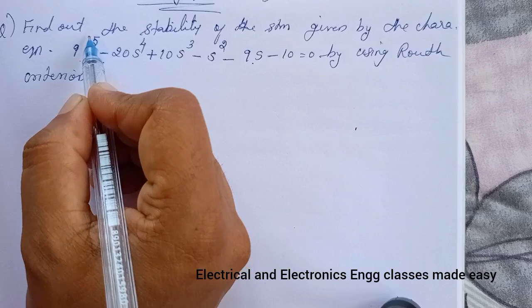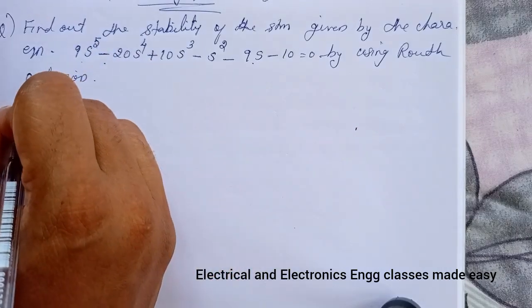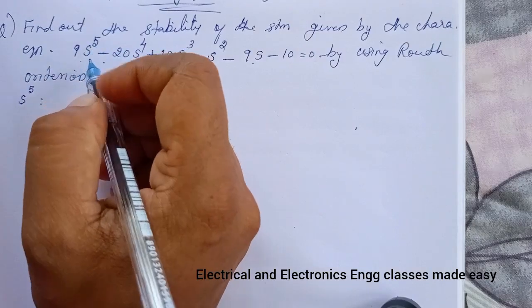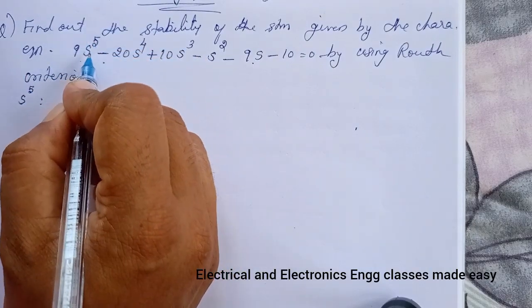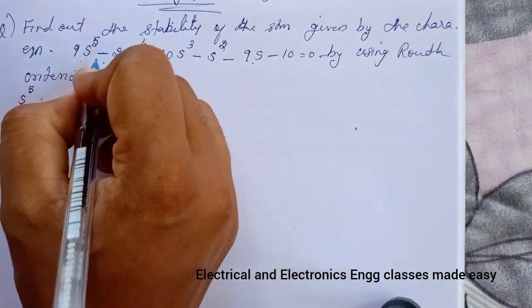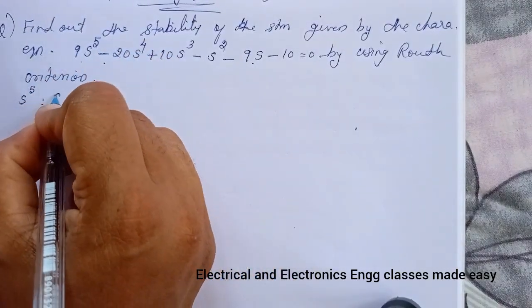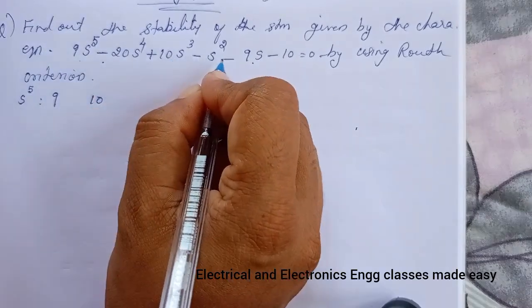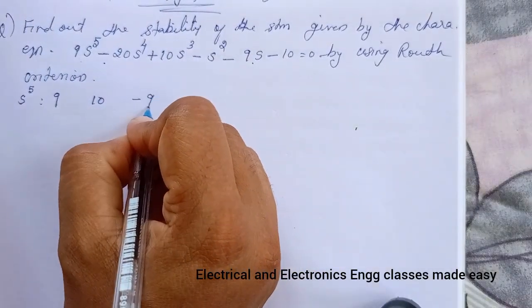Here the highest power of s is s raised to 5 and it is an odd number. So we have to write all the odd number of coefficients. That is, first one is 9, then 10, next is minus 9.